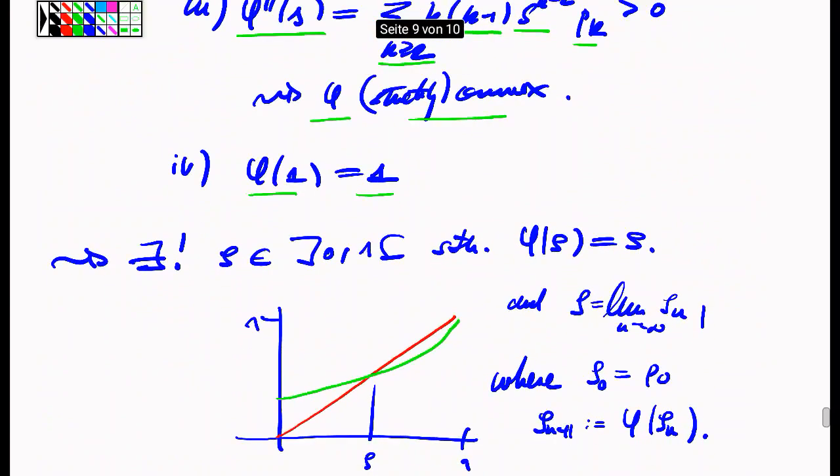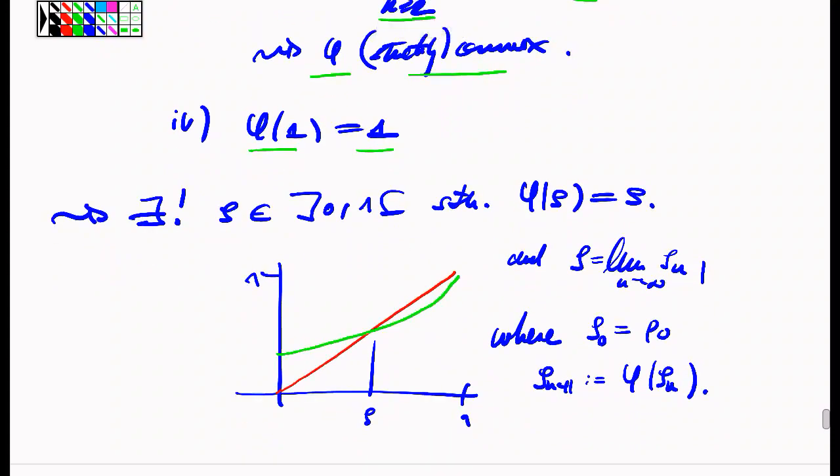So if we draw the graph of the phi function, it will look qualitatively like this. This is the graph of the phi function as a function from the unit interval into itself. At s equals 0, phi of 0 is less than 1. At s equals 1, the function is equal to 1.